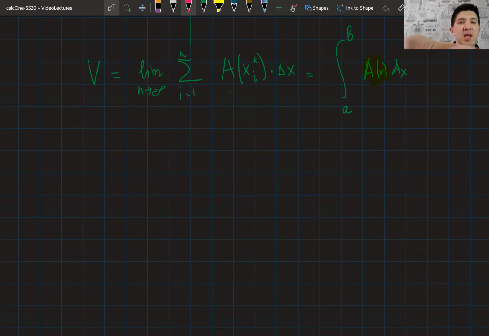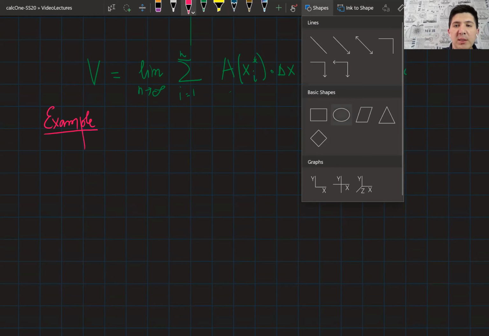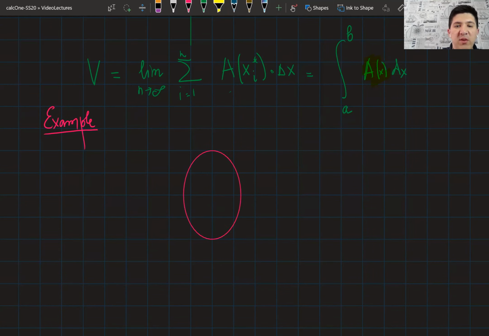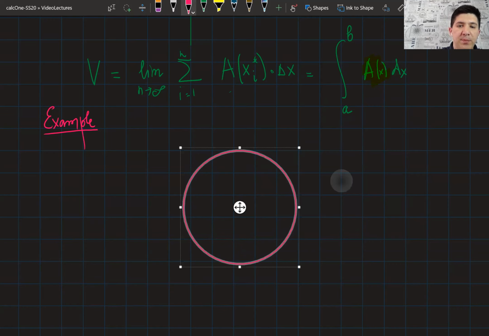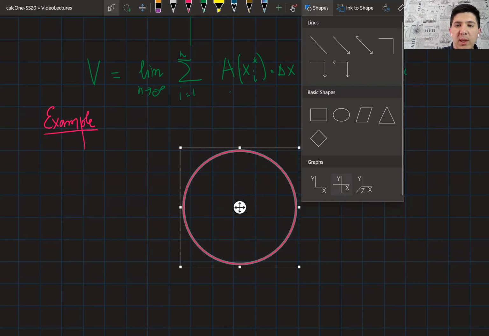So let's do an example in order to understand how to use this formula actually. So example. So let's say we would like to find the volume of a sphere. So let's put the coordinates here as well.